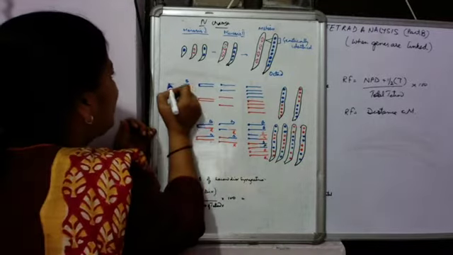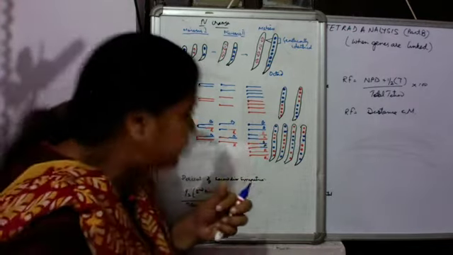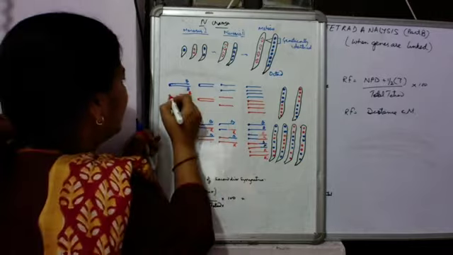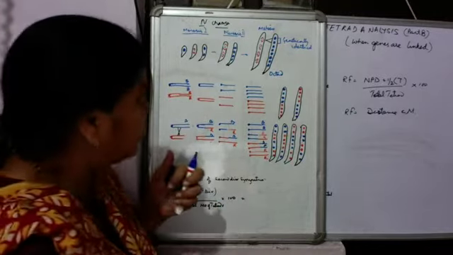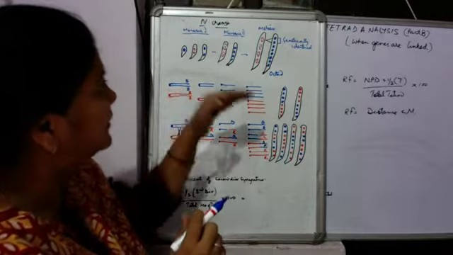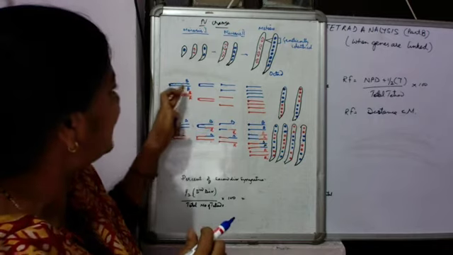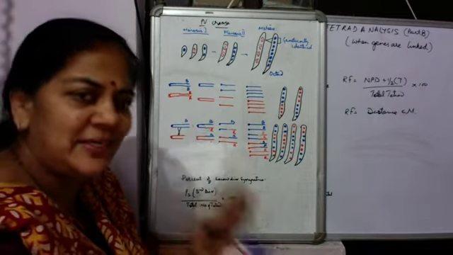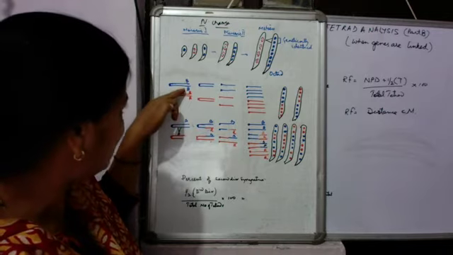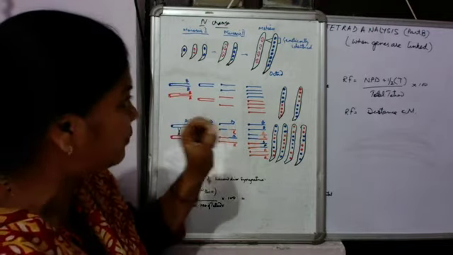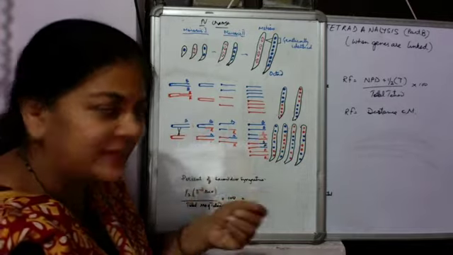What one can understand, the additional information that can be derived from this, is that using these octads one can find out the distance between the centromere and the gene. I have taken an arbitrary example in which one of the loci gives rise to blue spores, and the other gives rise to red spores.